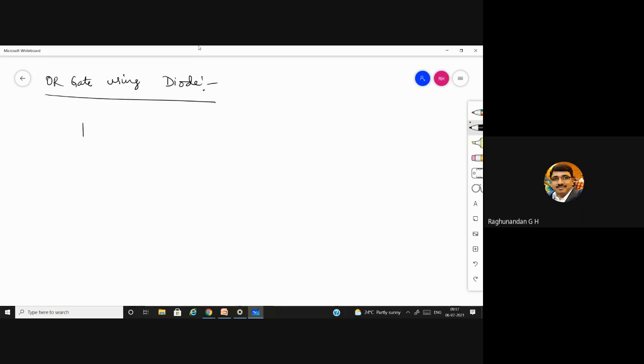So for the OR gate using diode, take one diode like this, and one diode like this. And I'll mark this as B and this as A. This is load resistance RL.